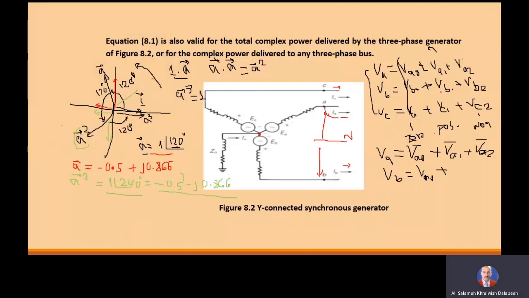What is the relation between VB1 and VA1? As we saw in the previous lectures, VB1 is leading VA1 by 240 degrees. So we can write VB1 is equal to A square VA1.